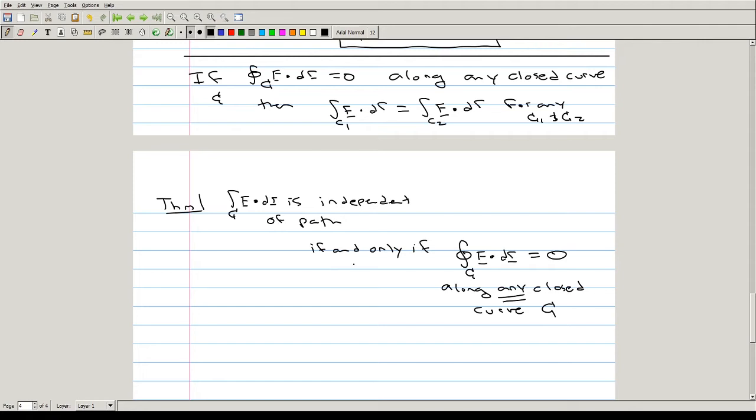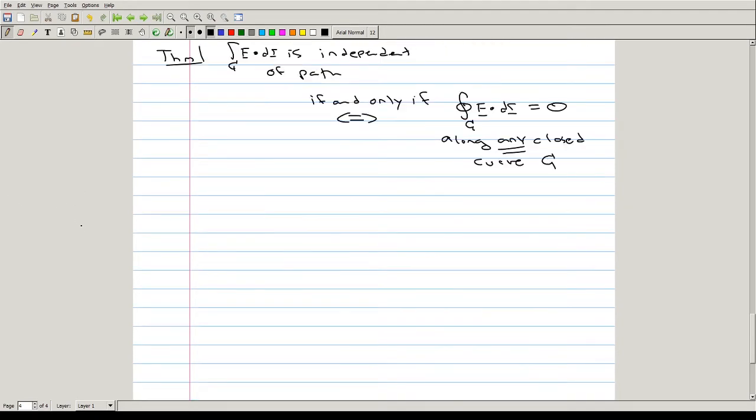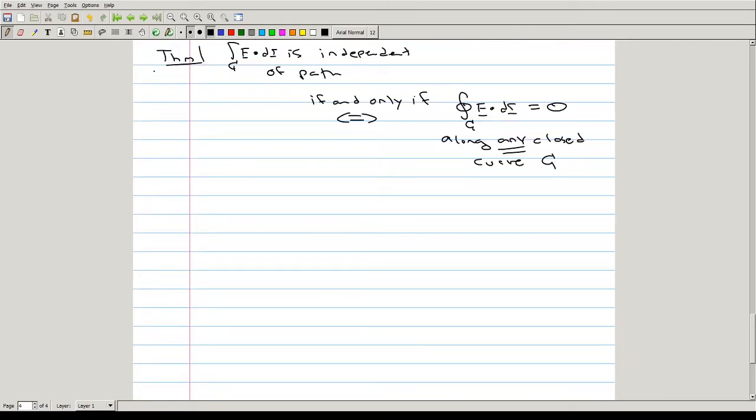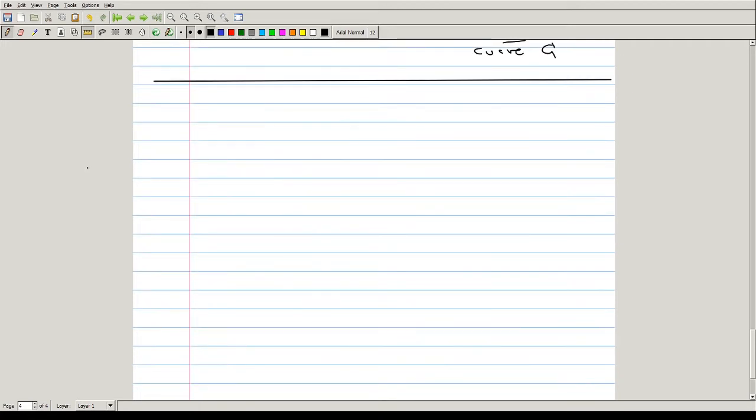Remember, if and only if is a bi-implication. It means we can go back and forth from either of these two statements. So with this theorem, we have everything that we need to show something really nice about what a conservative vector field must obey.